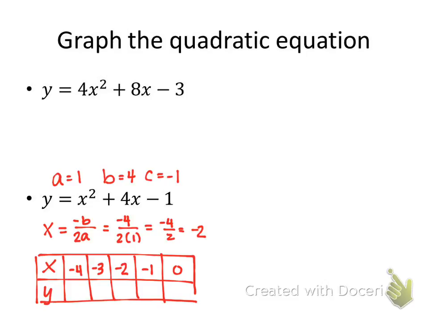We're going to plug it in. What's our start? -4. What's our end? 0. So when I do all of that in my calculator, what are the numbers that I get? Very good, okay? So now I'm going to graph it.